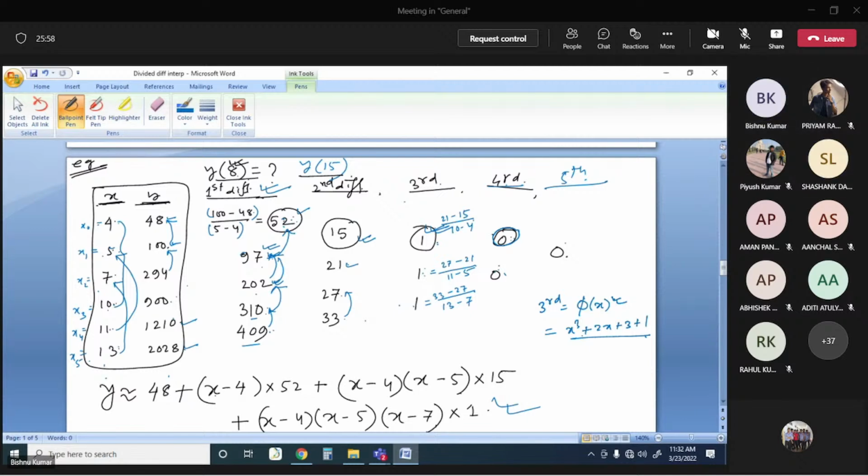Yes, sir. So these differences, forward, backward, and divided differences, have a linear relationship along with the derivative operator. So once you see the third difference column becoming constant, even though 6 points are given to you, you will get only a third degree polynomial.